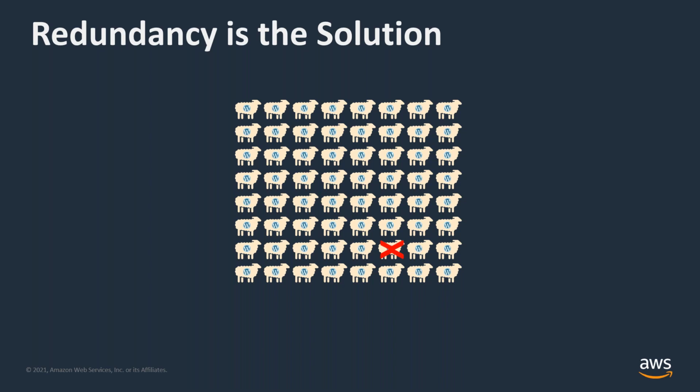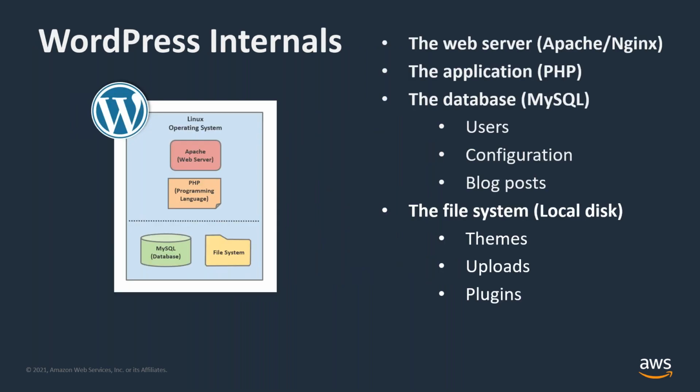To see why, let's take a brief tour of WordPress internals. When I think about WordPress, I think about it like this. As you can see on the left-hand side of your screen, I partition it into two sections.